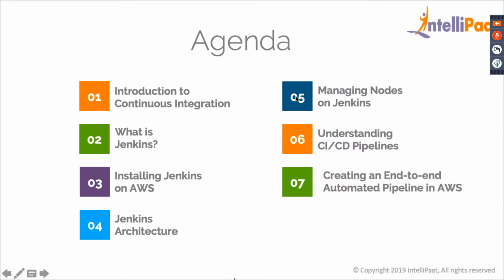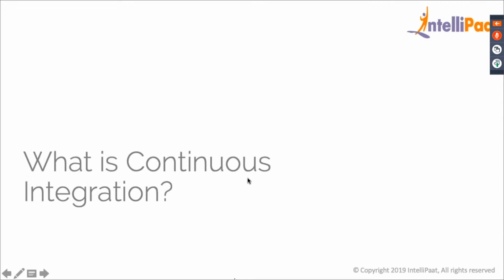Once you're done with that, I'll show you guys how you can add nodes on Jenkins, right? And then we'll see what are CI/CD pipelines, followed by a hands-on where I'll show you guys how to create an automated CI/CD pipeline. So guys, this is the agenda for this session. I hope it's clear to you. Now let's get started with our first topic, which is what is continuous integration.